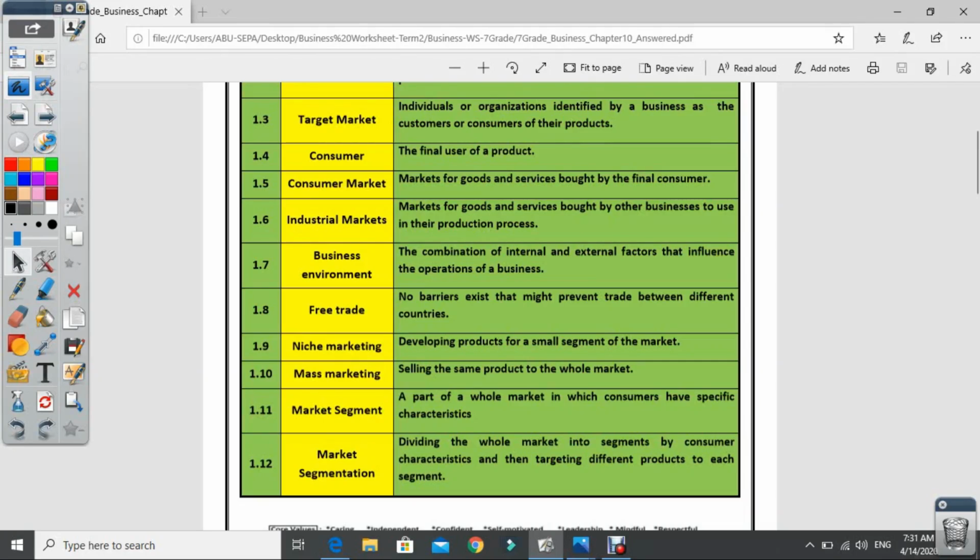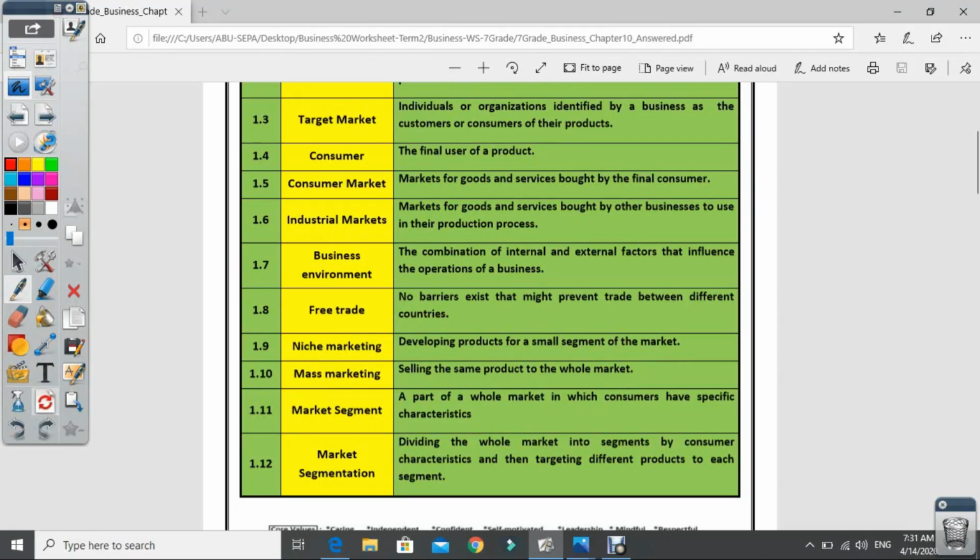While the mass marketing is selling the same product to the whole market. So we have two types of market, the niche marketing and the mass marketing.